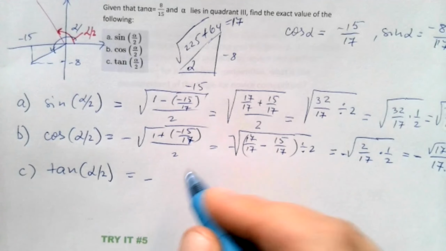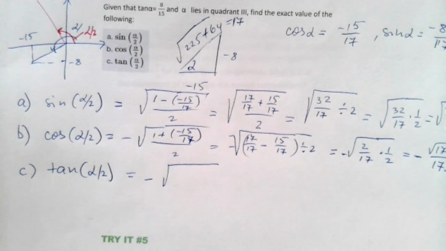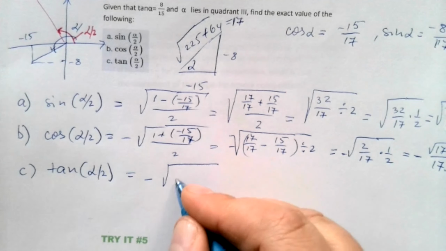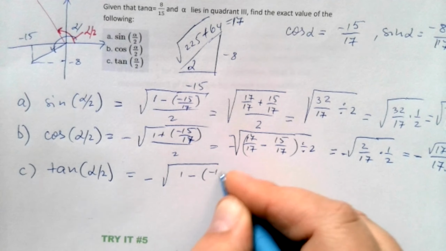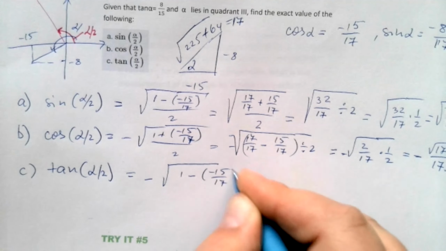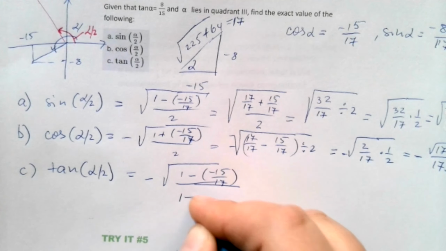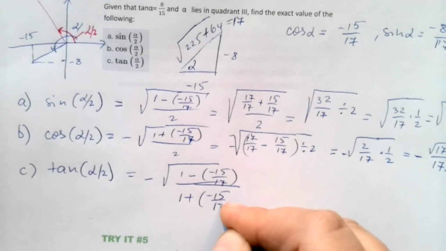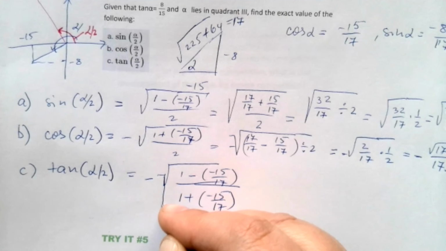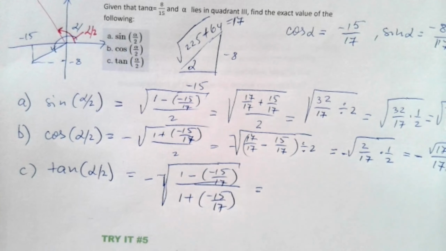So it's going to be the negative root of a multi-level fraction: 1 minus -15/17, divided by 1 plus -15/17. The root actually covers this whole thing. Again, let me finish it really quick.